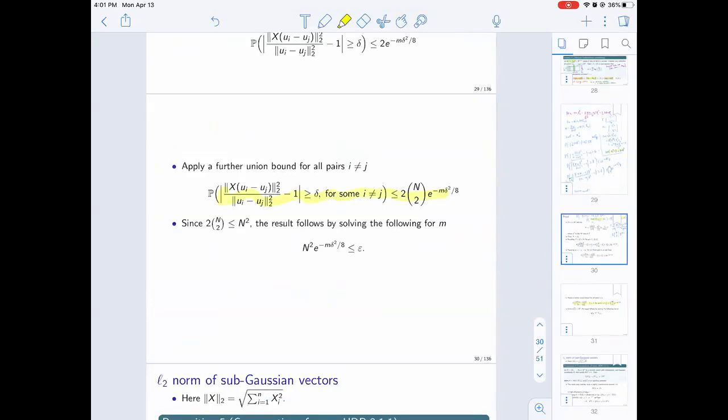The maximum being bigger than delta is equivalent to saying that this holds for some pair. So this is the same as saying the maximum over i not equal to j, blah, blah, blah, bigger than delta. So I'm going to use this, and I'm going to set this side less than epsilon. So that's this object here. And then you can do some little algebra to show that.